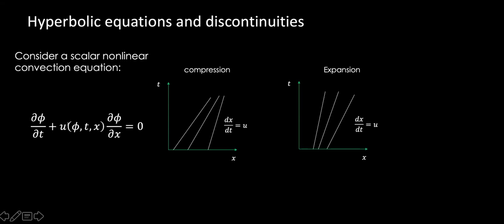The information of phi is transported with the speed of u, which is the local value. Then if u is not constant spatially, two cases appear. First, the equation is compressed, with convergence of the characteristic lines. Or it is expanded, with divergence of the characteristic lines.